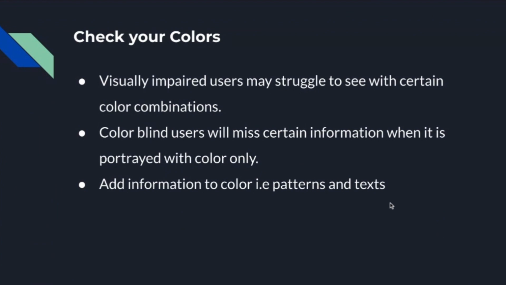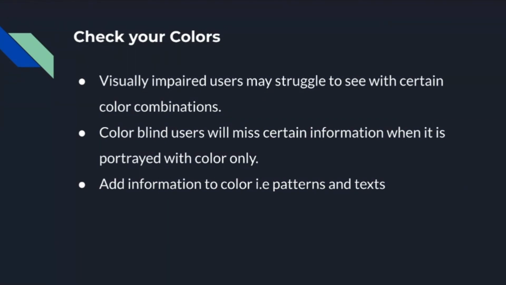But someone who is colorblind and not able to perceive this red will come back to the form and won't see anything. To them, everything is probably gray and black. So they're not able to know that there's something wrong with a certain input field. So whenever you're using colors to portray information, you should add something extra. So maybe you can add text and say, you need to fill this, this and that, things like that.